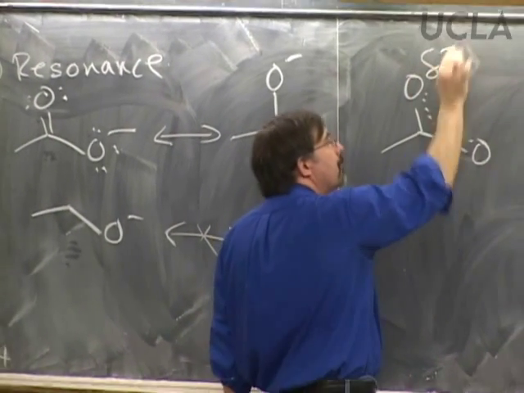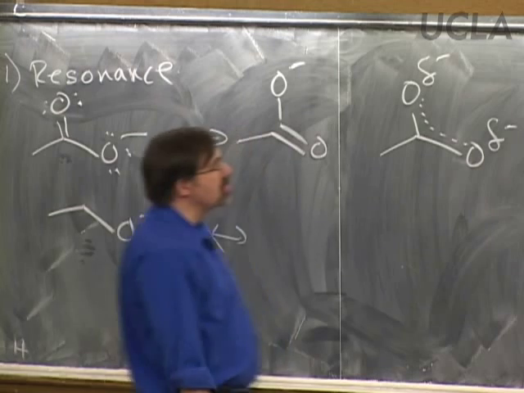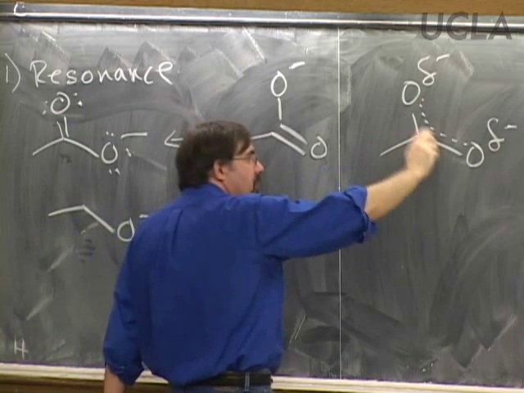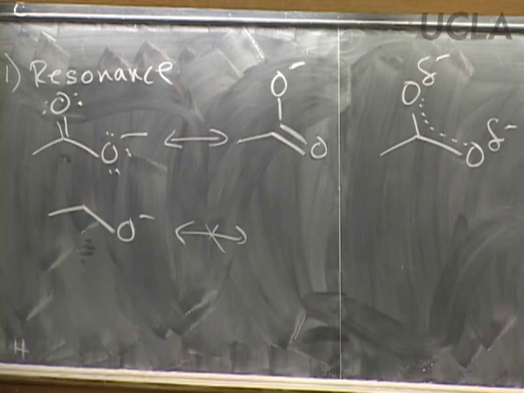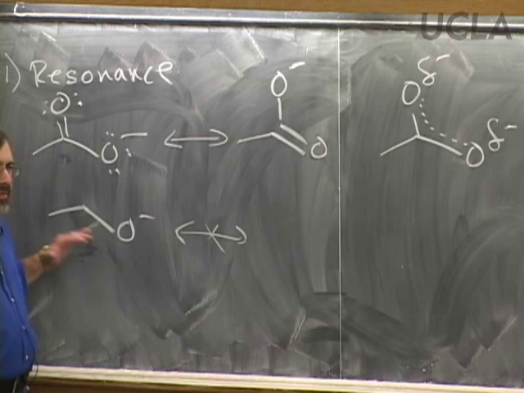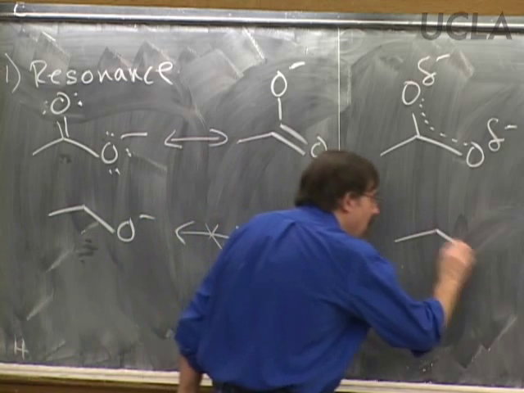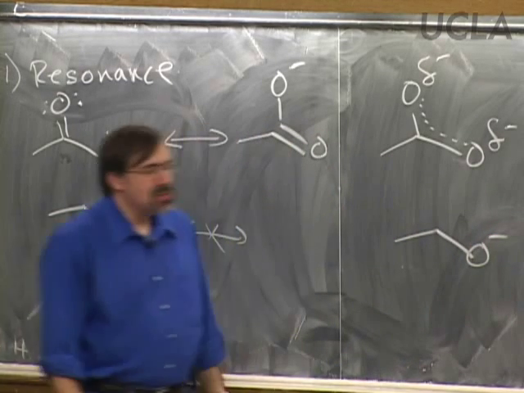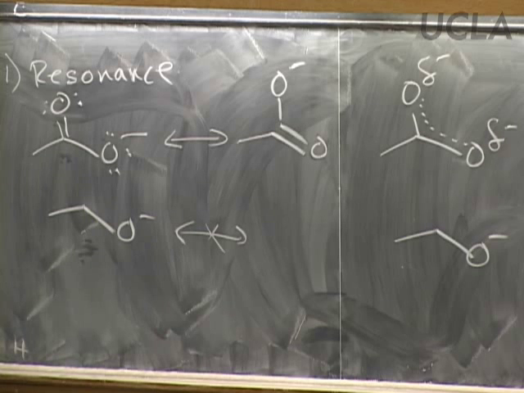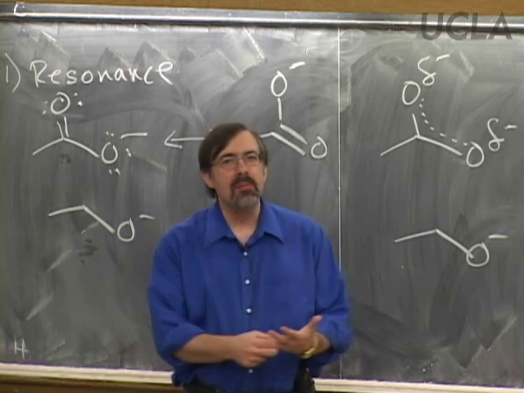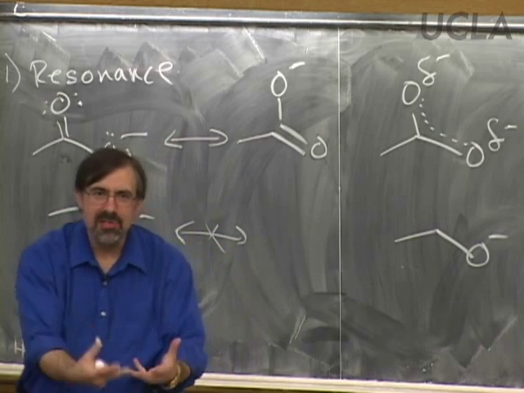There is a sharing of the negative charge of the two oxygens, a delocalization of those two pi electrons. That's what the dotted lines are. For ethoxide, we only have a single significant resonance contributor, and so consequently we can use that single resonance contributor to judge its structure. Now that we have best representations of structure, we can make this nucleophilicity discussion.